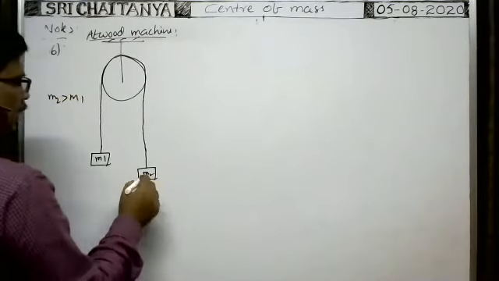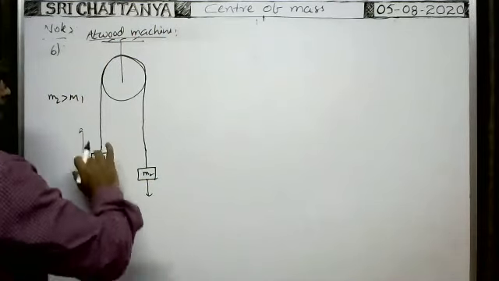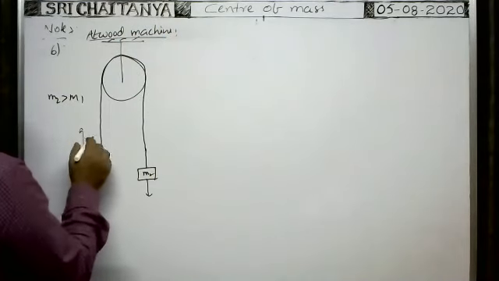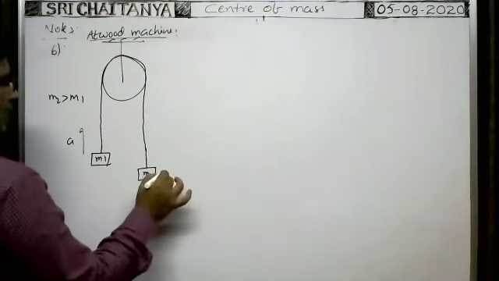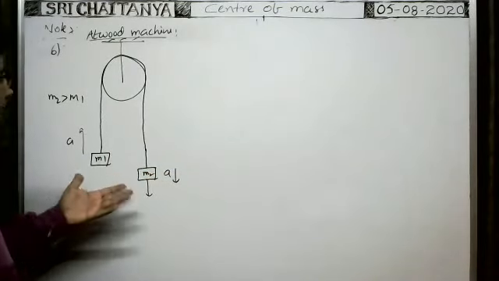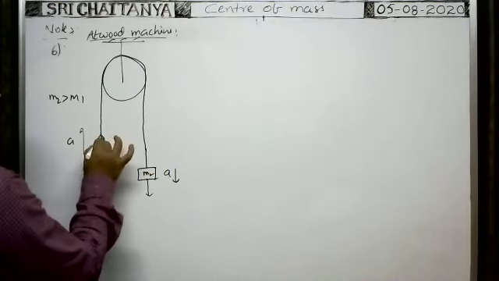Then when you release them, definitely m2 comes down and m1 rises up. As both are connected to the two ends of the light inextensible string, both travel with the same acceleration, one in upward direction, another in downward direction. Now what is the acceleration of each block? Here we see the tension of the string.